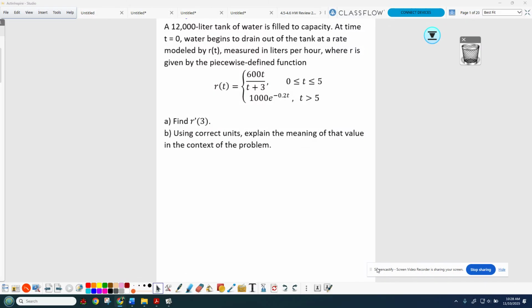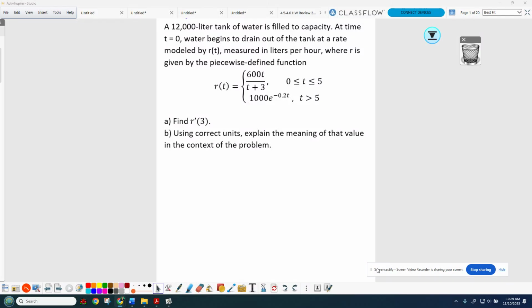Okay, so that it's draining at a rate of positive 50 at time 3, or the water is leaving the tank at negative 50. Okay, but we've got a couple issues.